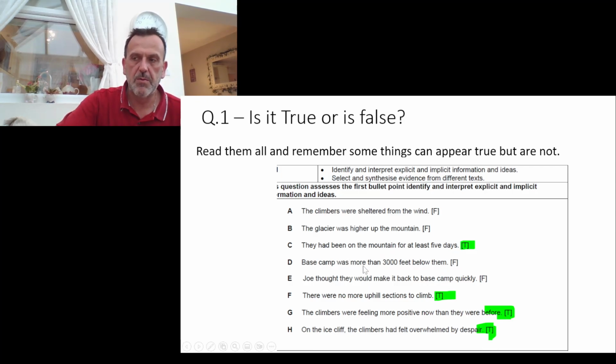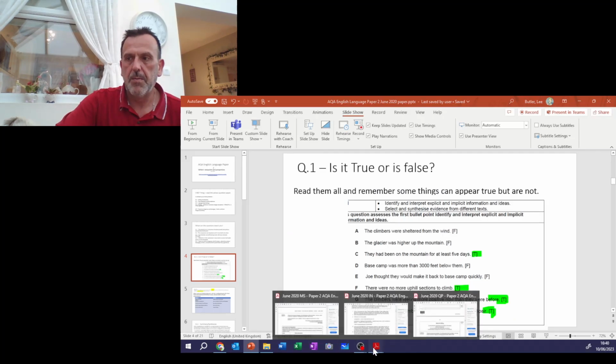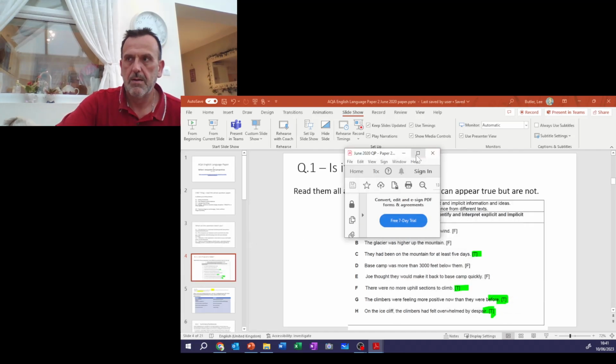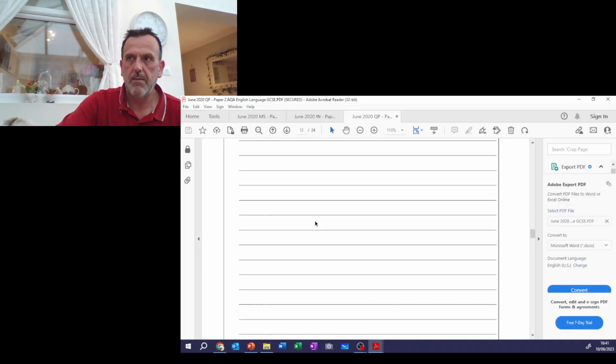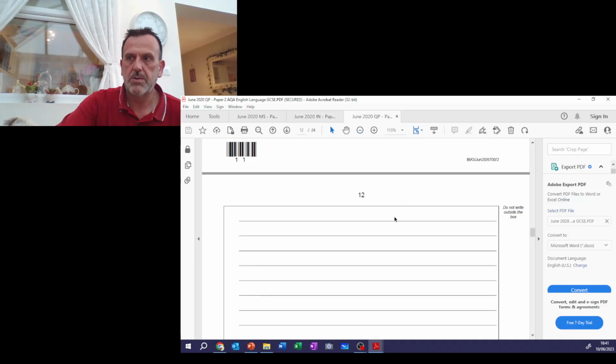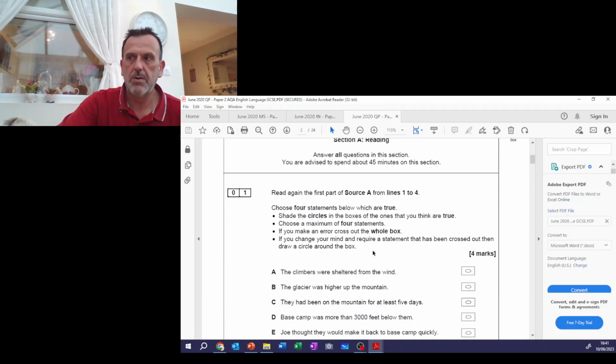Obviously, some of them, if I get the paper up, you can see that question 1 directs you to certain lines. That's 1 to 4.